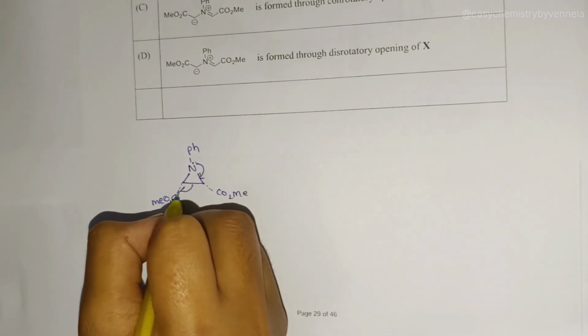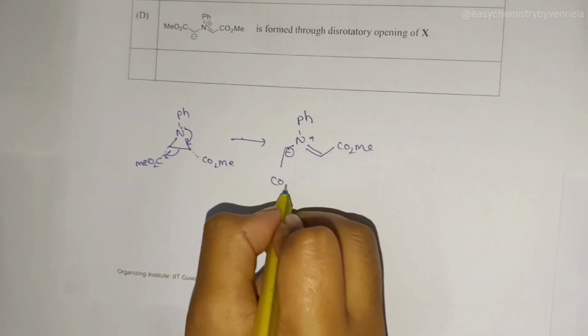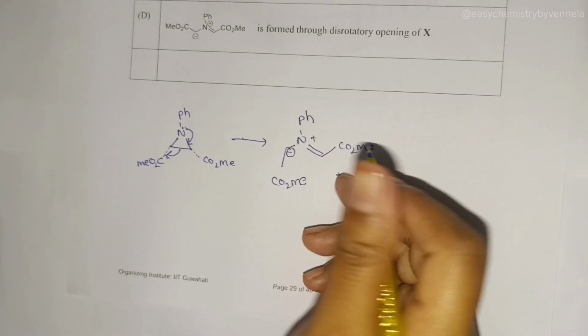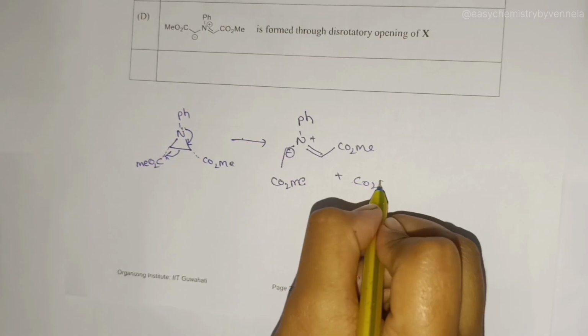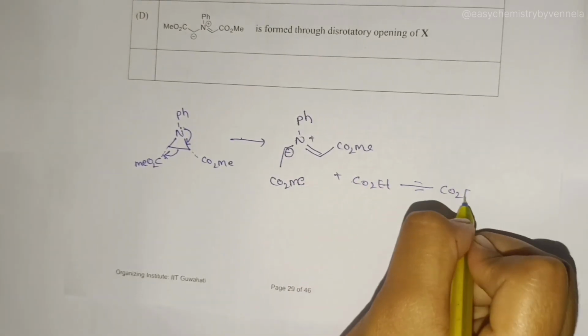In this it can form a bond. This bond migrates here. It reacts with alkyl diester.